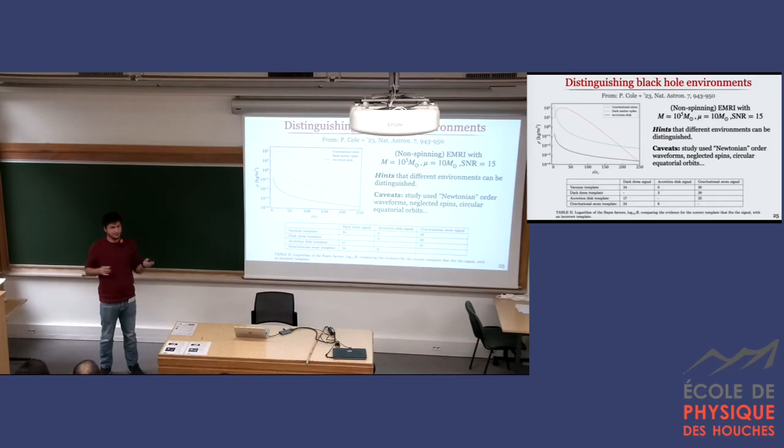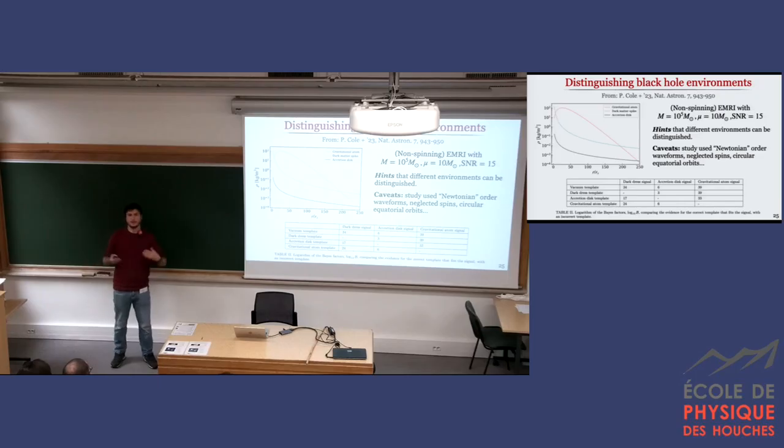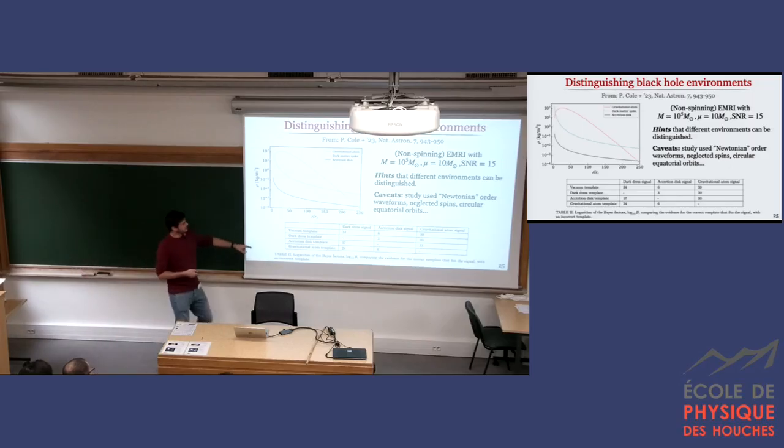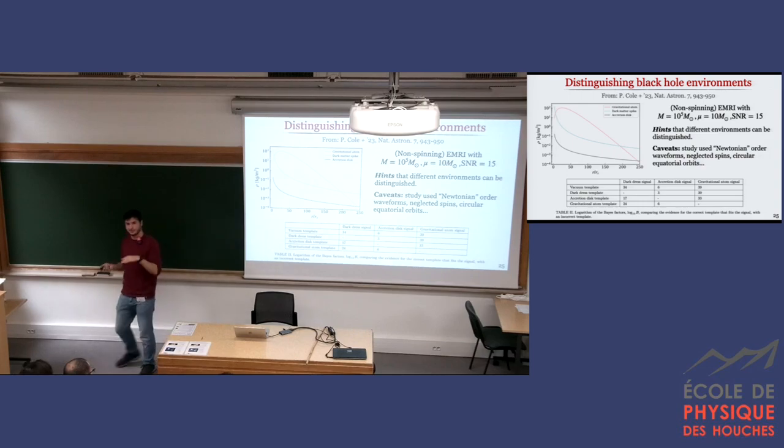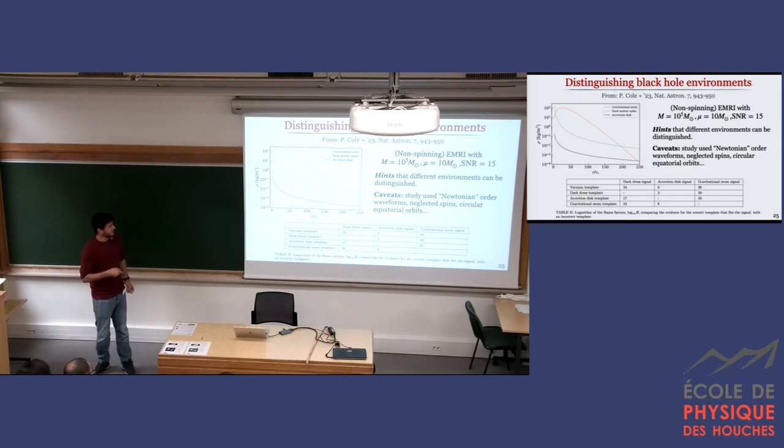So for example, in this case, you have a signal which has a dark matter spike, and you do recovery with the dark matter spike template, but also recover it with the vacuum template, and you compute these Bayes factors, where the larger the Bayes factor, the better the model. In this case, the dark matter spike template will be much more preferred as a fit to the signal than the vacuum template.